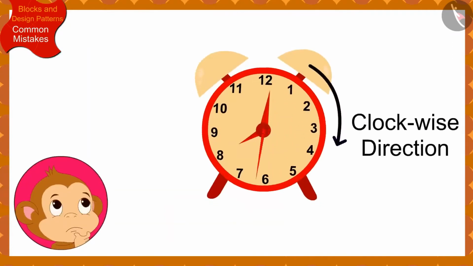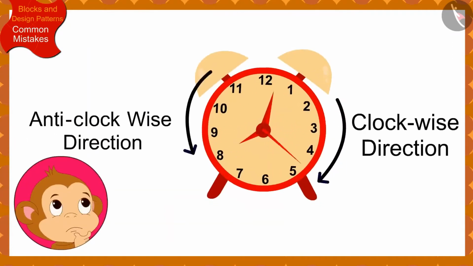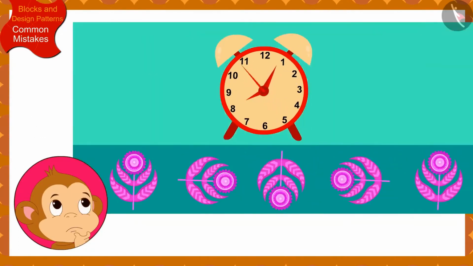But Babban got confused between the clockwise and anti-clockwise directions and accidentally made the pattern on the sari by rotating the block by a quarter in the clockwise direction every time.